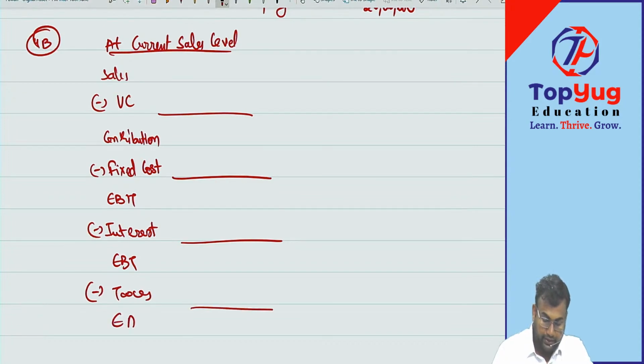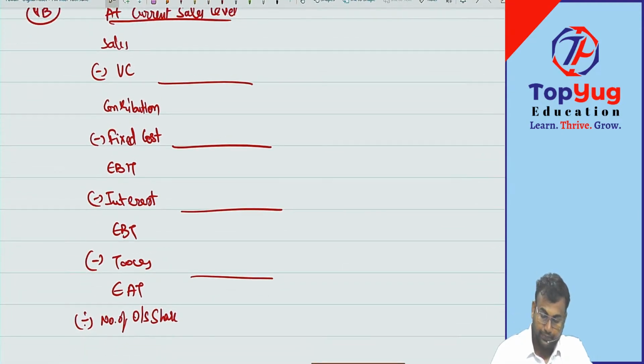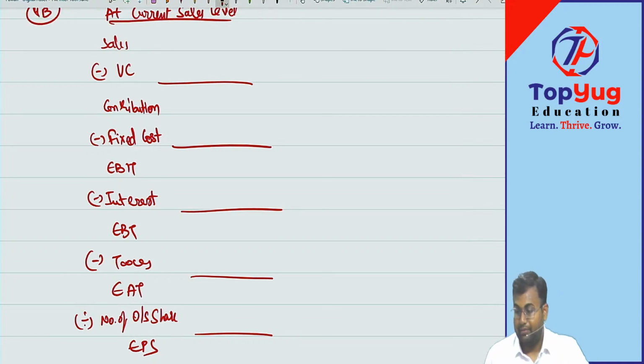You find out your EAT, divided by the number of outstanding shares, you will find out your EPS. I believe that's your current sales numbers.